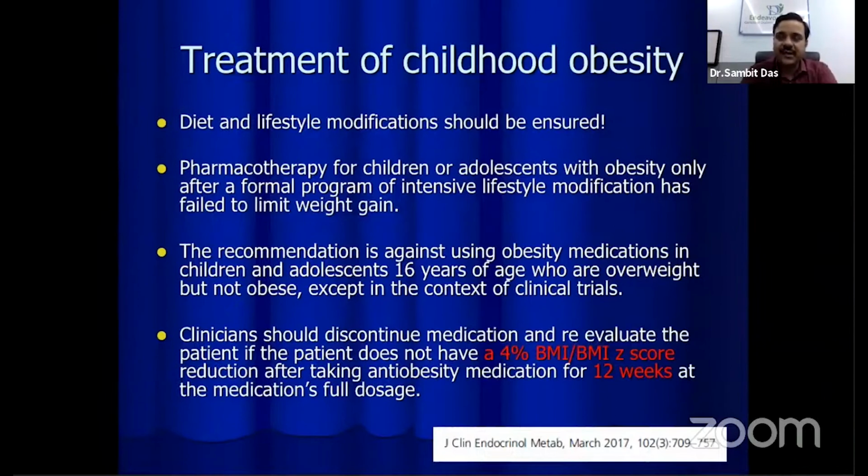The recommendation is against using any obesity medication in children and adolescents who are less than 16 years of age and who are overweight but not obese. Clinicians should discontinue medication and reevaluate the patient if the patient doesn't have a 4% lowering of the BMI after taking anti-obesity medication at least for 3 months or 12 weeks at the medication's full doses.